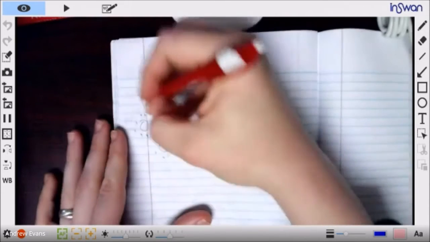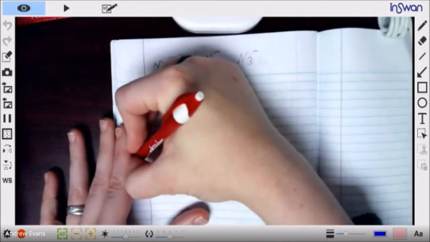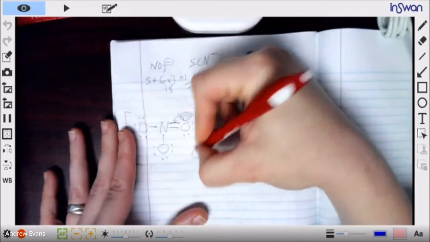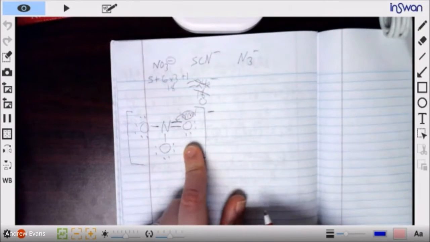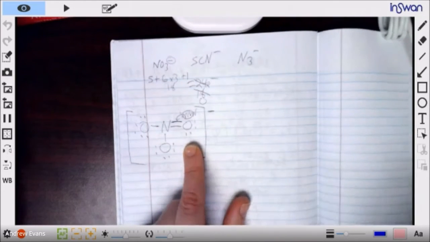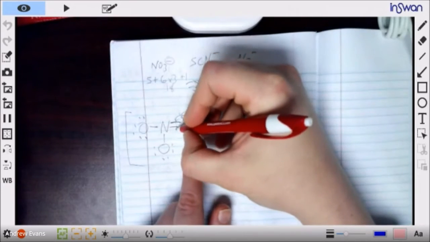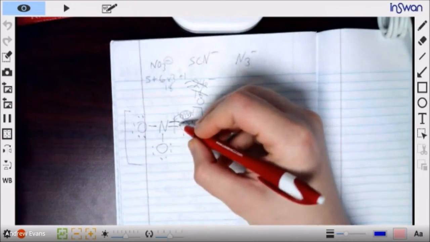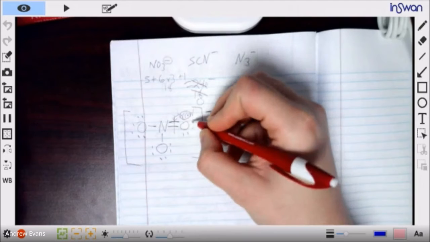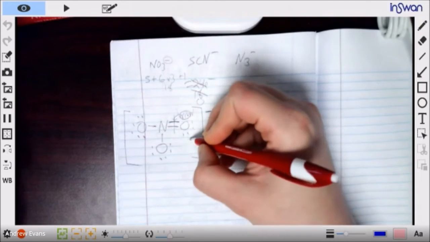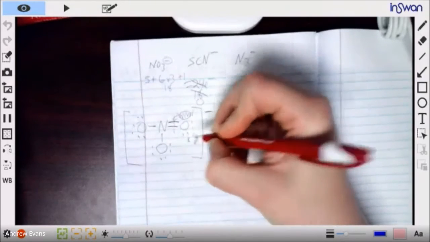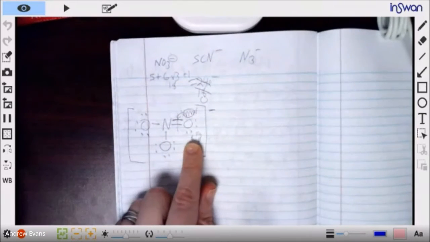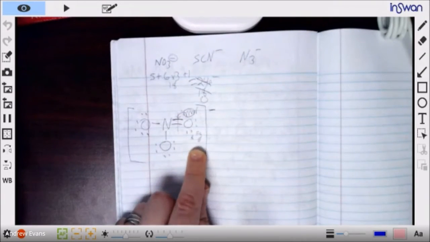Now, let's look at what all the formal charges look like. Oxygen, remember, group 6A, it has 6 electrons. How many electrons does this oxygen have? 1, 2, 3, 4, 5, 6. It's an octet with a formal charge of 0, because it's supposed to have 6, it has 6.